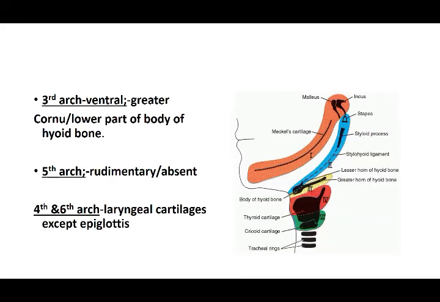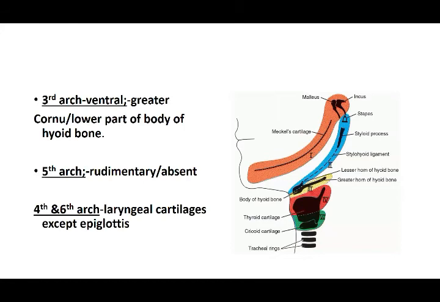The fifth, fourth and sixth arches are very small. They are just going to give rise to the laryngeal cartilages, except the epiglottis. The fifth arch is rudimentary and is mostly absent. So from the third, we go on to the fourth and the sixth, and they are going to give rise to the cartilages, because underneath this hyoid bone the larynx starts, and the larynx is the upper part of the trachea.